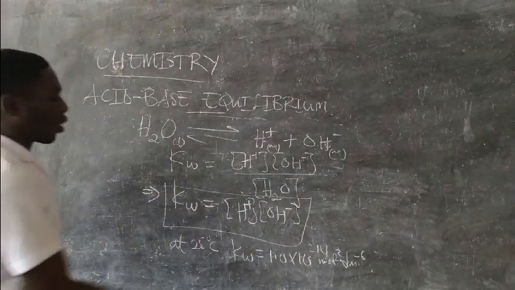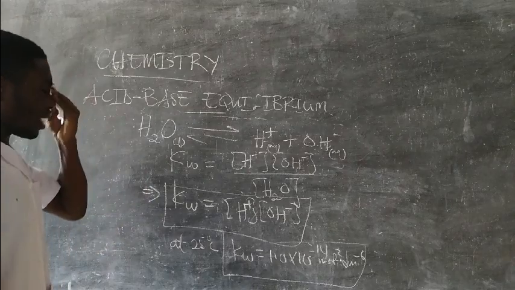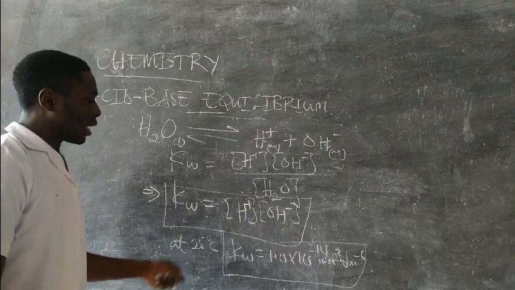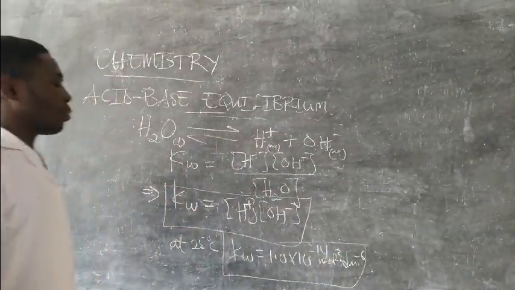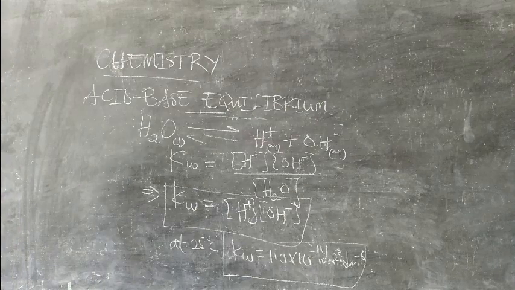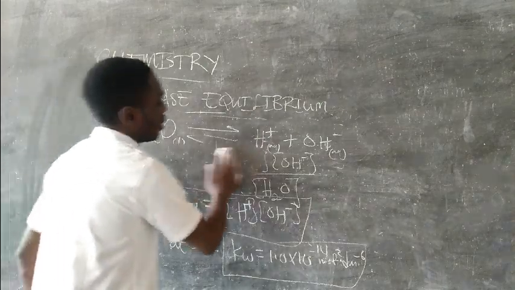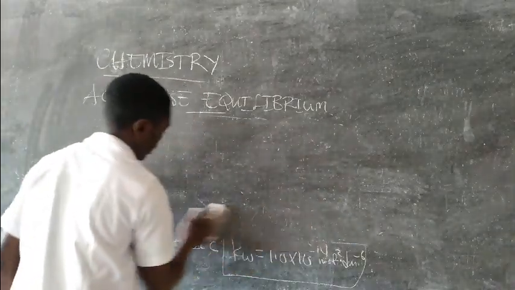Okay, so that is the constant, and that is why if you take the pH of water at that point, you're going to have a pH of 7, telling you that it is neutral. Now I think that one is very clear.